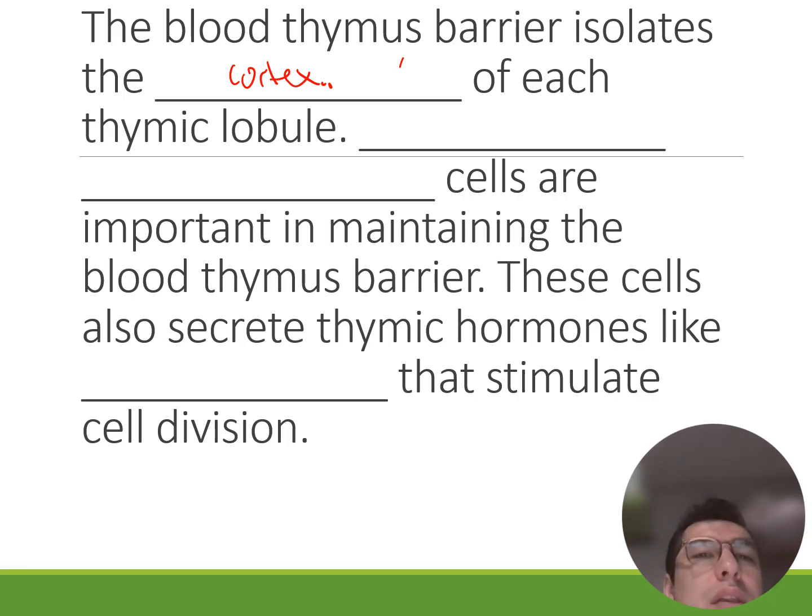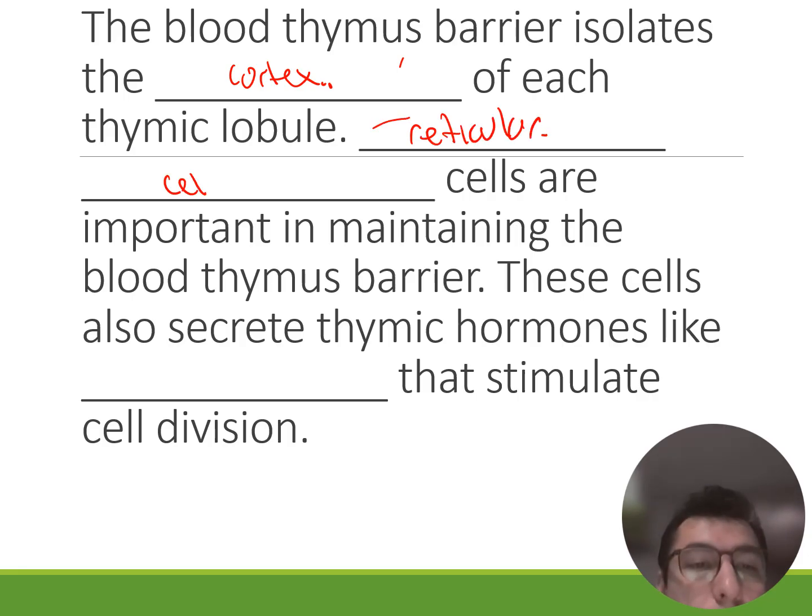of each thymic lobule. Now, this barrier is made by specific cells in the cortex, and we want to know what those cells are, and those are reticular cells. Reticular cells are the testers of these T cells, and the reticular cells are important in maintaining the blood-thymus barrier.